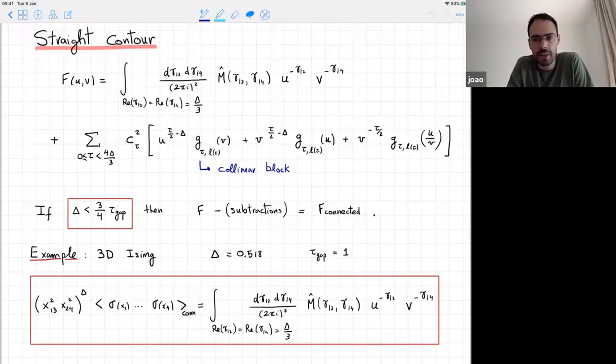Yeah, I'm not saying that these exchanges that I'm subtracting here should be thought of as disconnected pieces in flat space. I just said as an example, even in the Ising case, indeed the subtraction is disconnected, which we understand. This one, I don't know of any physical meaning of this subtraction in the flat space limit.